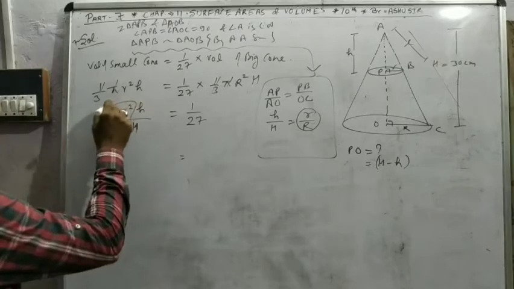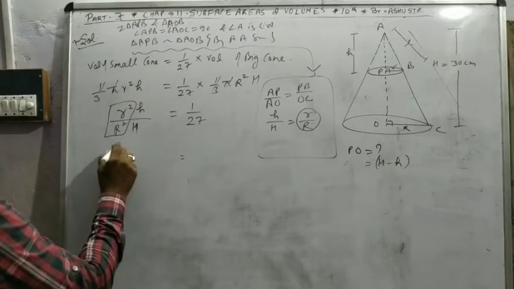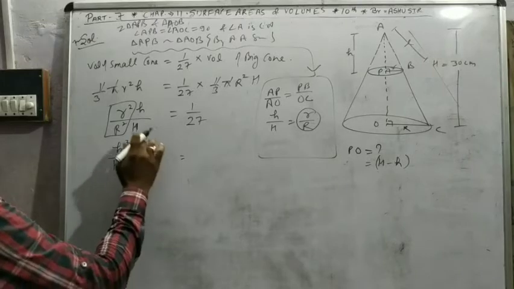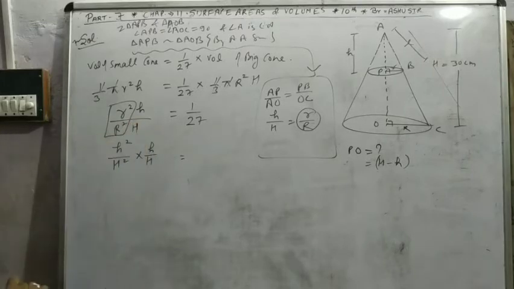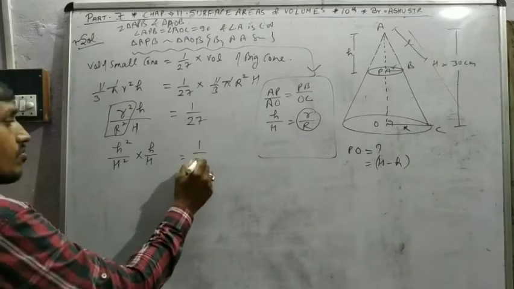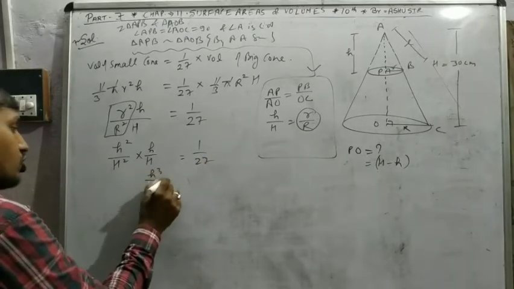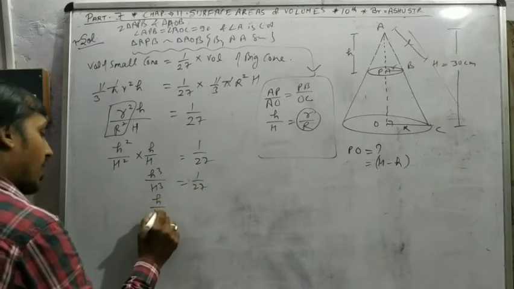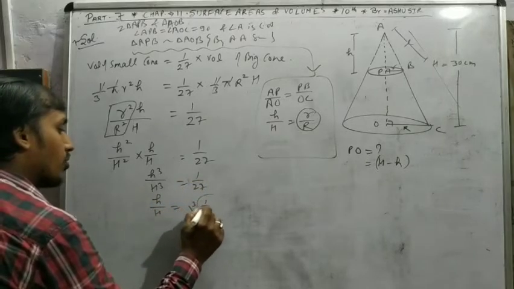So in this place we can say, and this is the same, h cube by capital H cube is equal to 1 by 27. So h by capital H is equal to the cube root of 1 upon 27.